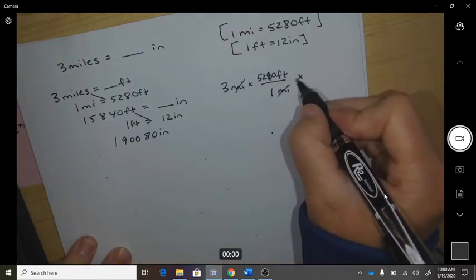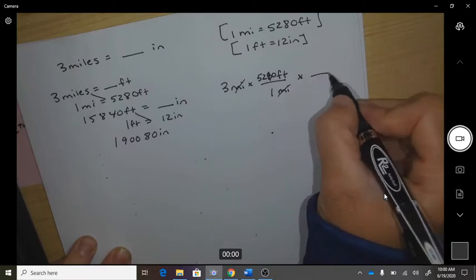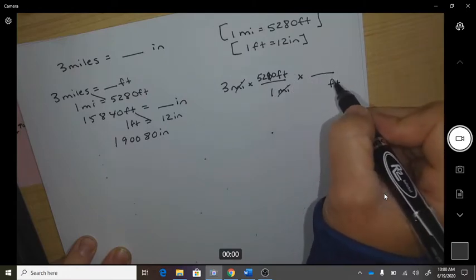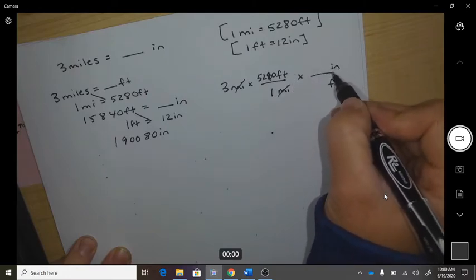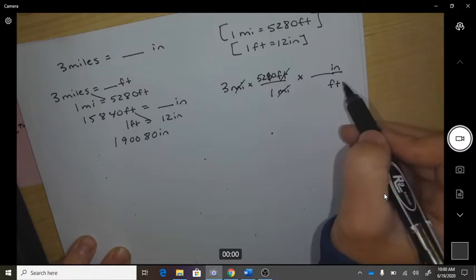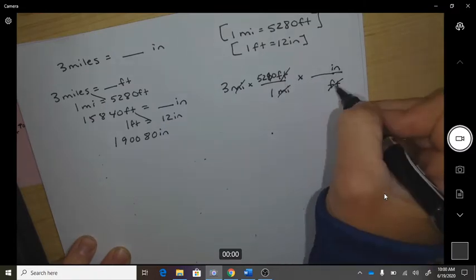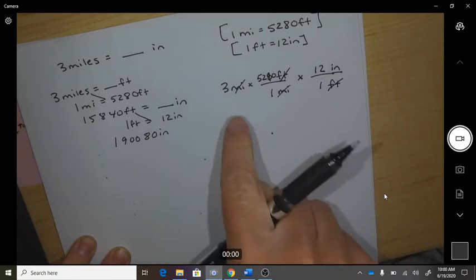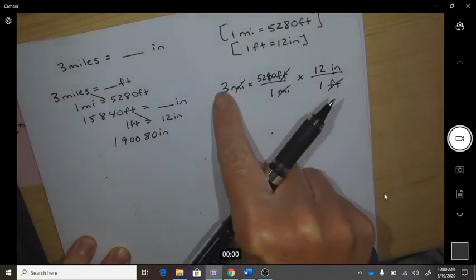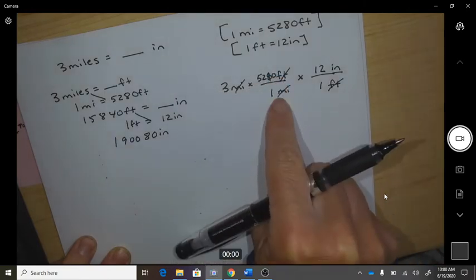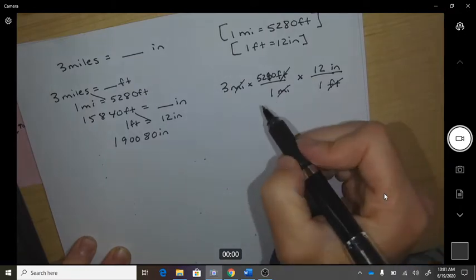And then now we are in feet, so we would times it by another fraction and get rid of feet and into inches. So now I can cancel the feet out. And 1 foot is 12 inches, so now I can just do them all at once. 3 times that, I don't need to divide by 1, times.